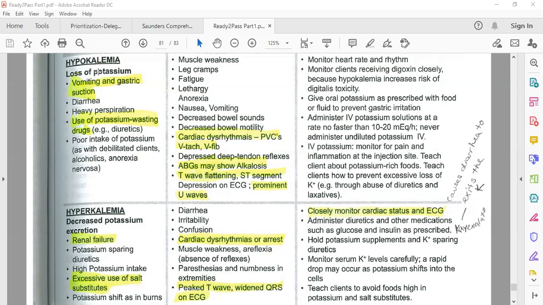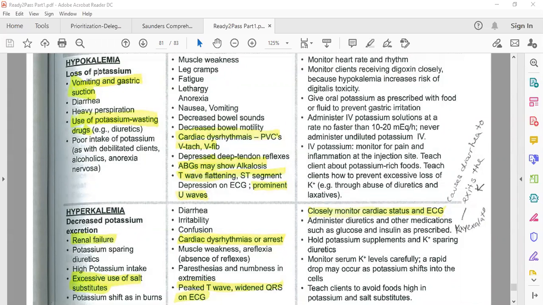Let me recap: the functions of potassium are to maintain intracellular fluid, nerve function, and regulate muscle and heart contraction.